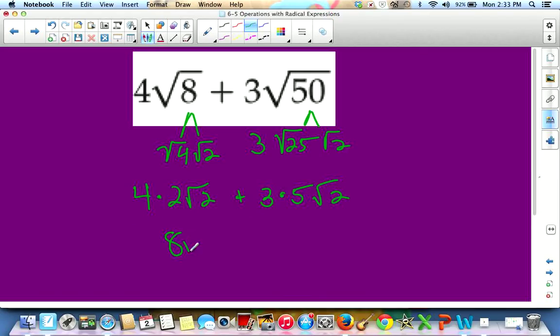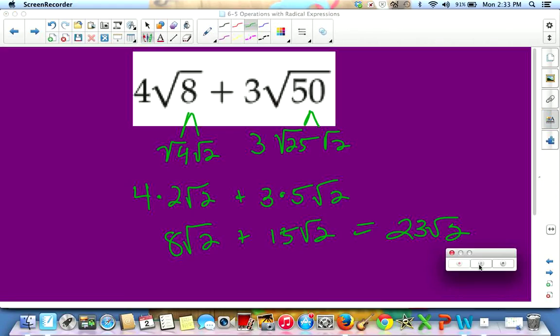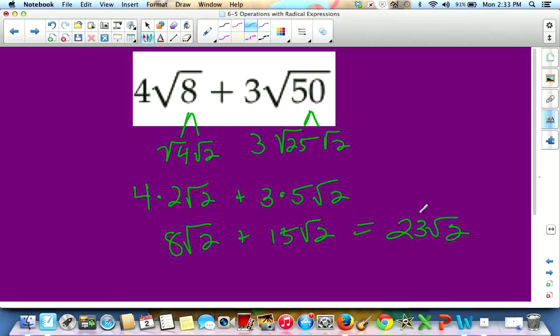So 4 times 2 is 8 plus 15. So 8 square roots of 2 plus 15 square roots of 2 is going to be 23 square roots of 2. And that would be your final answer.